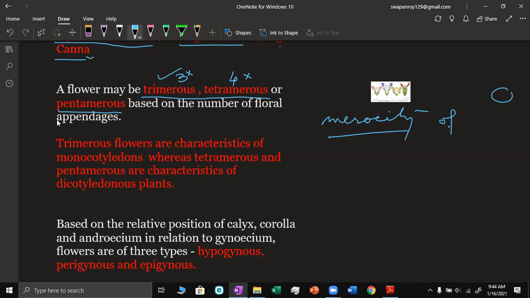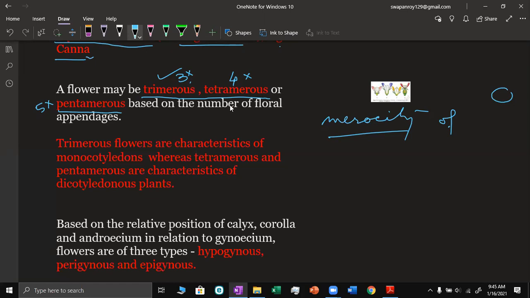And pentamerous, they have five or multiple of five. So trimerous is like 3, 3, 3: maybe calyx sepals 3, petals 3, androecium 3, gynoecium 3, or multiple of 3. Multiple of 3 means they may have 6, 9, 12.